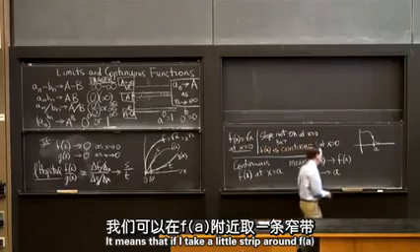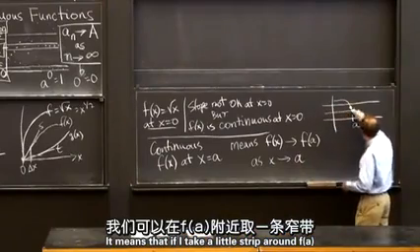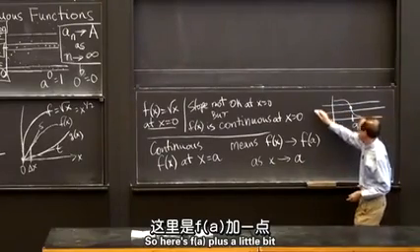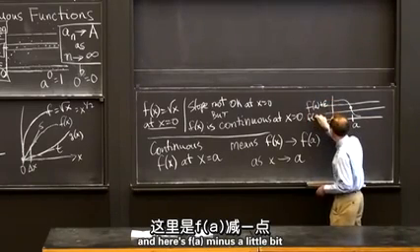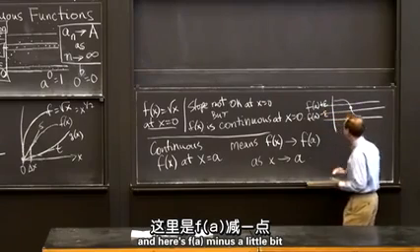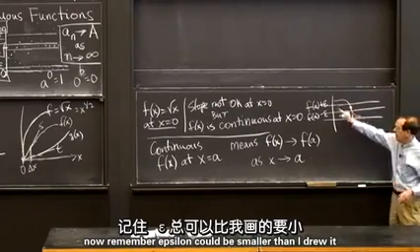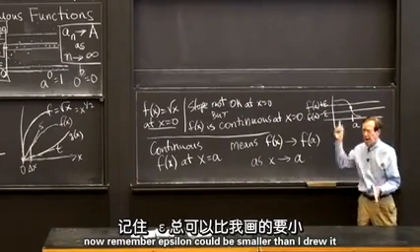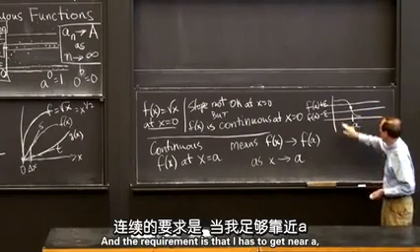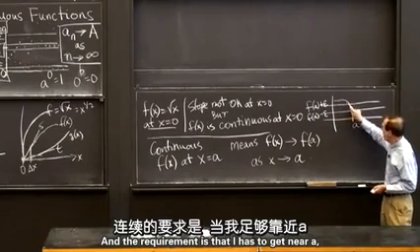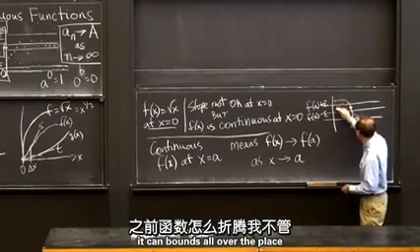If I take a little strip around f of a, so here's f of a plus a little bit, and here's f of a minus a little bit, then that's continuous. Remember, epsilon could be smaller than I can draw it, but still positive. Then the requirement is that it has to get near a, it has to get inside that band and stay there. It can bounce all over the place.